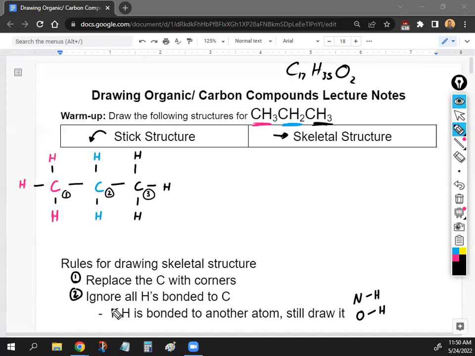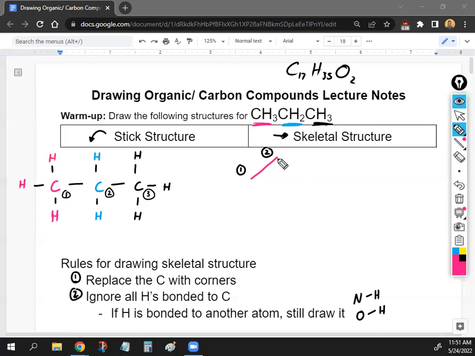Okay, so what we're going to do now is we are going to replace all the carbons with corners. So what that means is we're going to draw a line. And then the first corner is going to represent this carbon right here, so carbon number 1. And then at the end of the other line is another corner. That's going to represent carbon number 2, so this blue one right here.